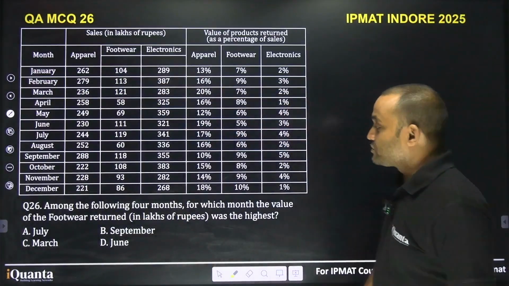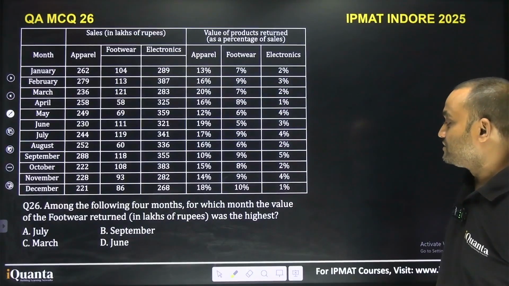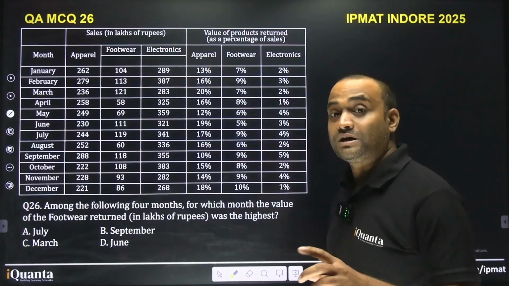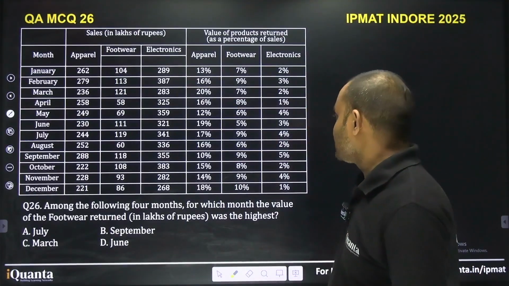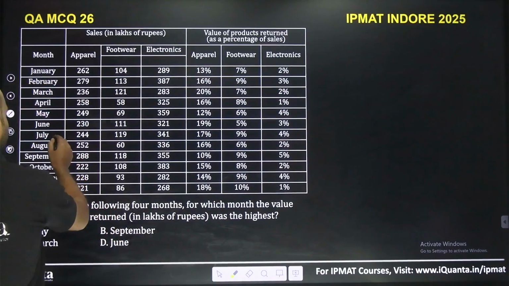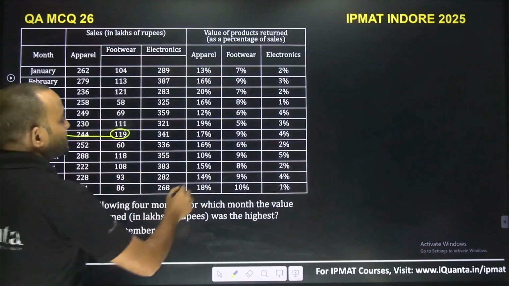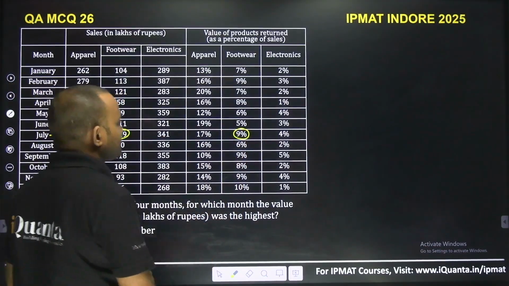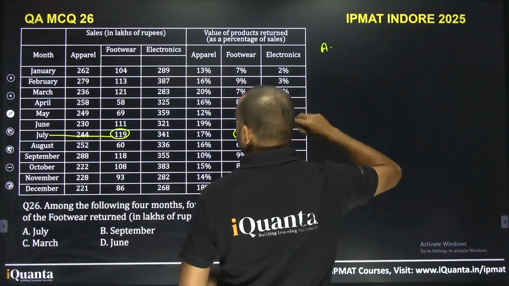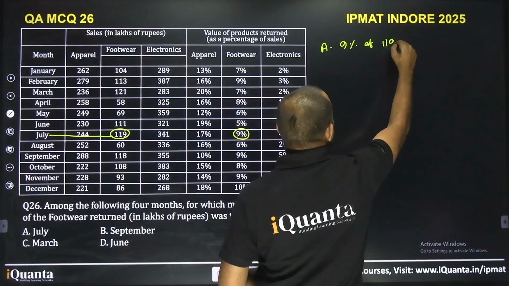Now let's try the first question. It says, among the following 4 months, for which month the value of footwear returned was the highest? So in case of July, if we check, in case of footwear, it's 119. Return is 9%. So in case of option A, the value will be 9% of 190.